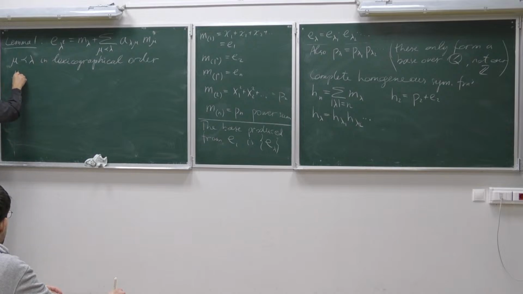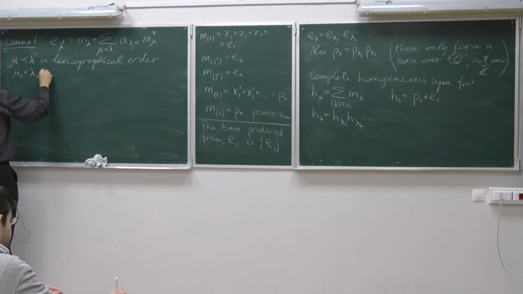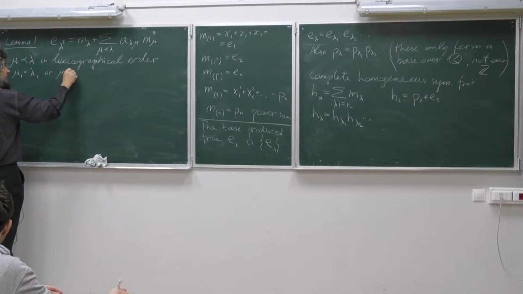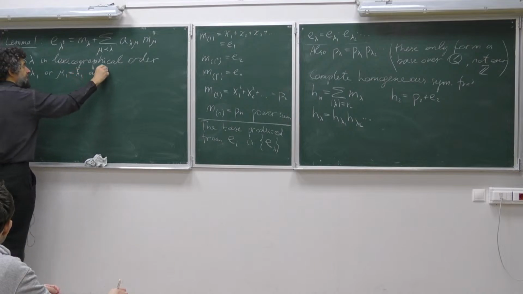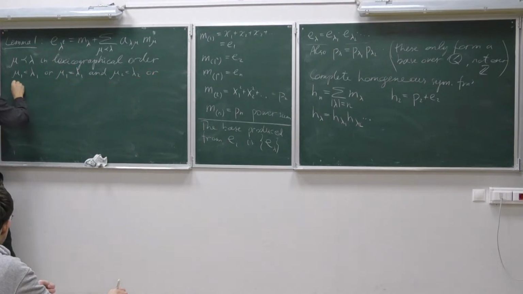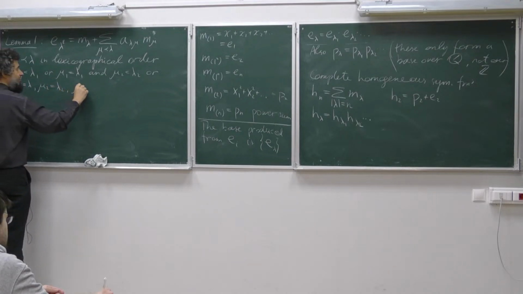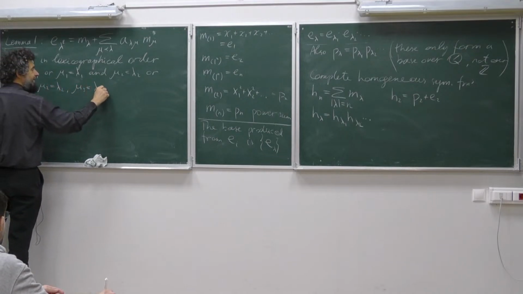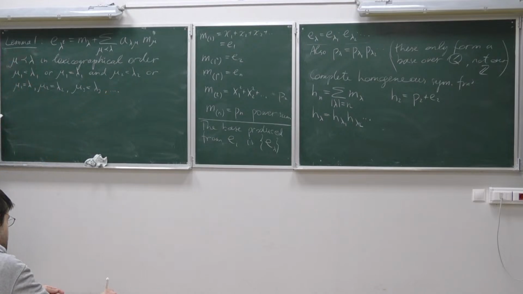Which means that mu1 is less than lambda 1, or mu1 is equal to lambda 1, and mu2 is less than lambda 2, or mu1 equals lambda 1, mu2 equals lambda 2, and mu3 is less than lambda 3, and so on. Yes? I think so, yeah, it's called linear, or total, I forgot. Complete order.